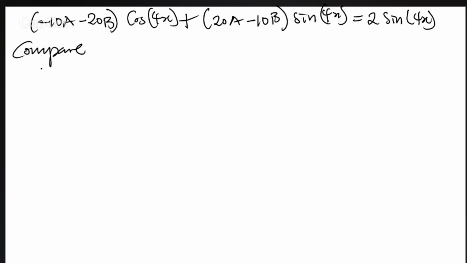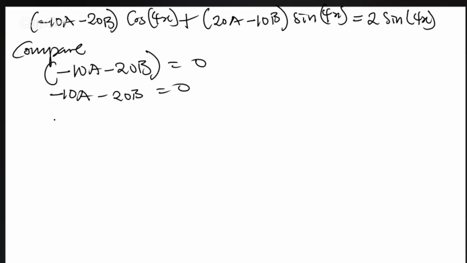For the first one here, which is minus 10a minus 20b, if we compare, this will be equal to 0. So what we do is we compare to get each of them here. So let's start with a. Minus 10a minus 20b will be equal to 0. If you want to compare to get a, we are taking all other values to the other side.